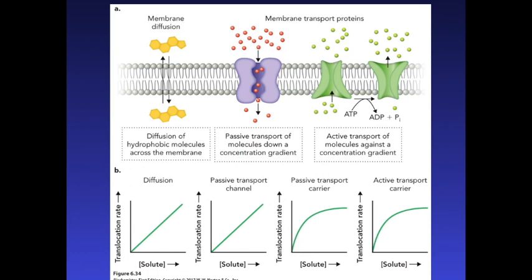And in almost all of these cases, you actually have to bind to the entity, whatever you're transporting, and move it from one side to the other. And so the rate at which it transports has a saturation point because it can only go as fast as it actually can convert. And so we can do a lot of looks about how things are being transported and put them into 4 different categories.